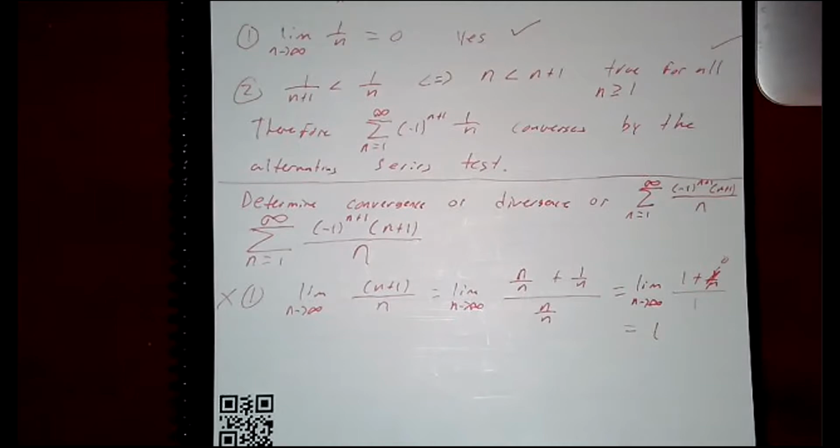So what we can do is take the limit. Remember, we have the divergence test. You can check that one. Since this limit wasn't 0, the divergence test says if you have a limit that's not 0, then the series diverges. So we're going to take the limit of this sequence with the alternating piece and see what happens, right?